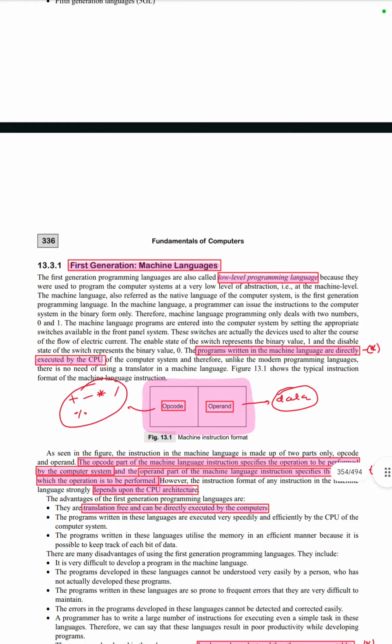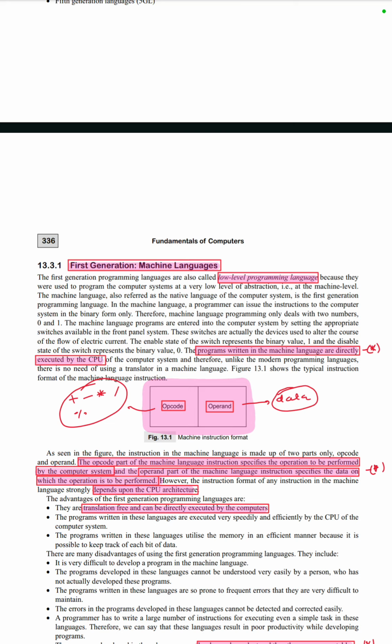First generation: machine languages. These are low-level programming languages, and programs written in machine language are directly executed by the CPU. The operation to be performed, like plus, minus, multiplication, division, percentage, is the opcode, and the data on which the operation is to be performed is the operand.